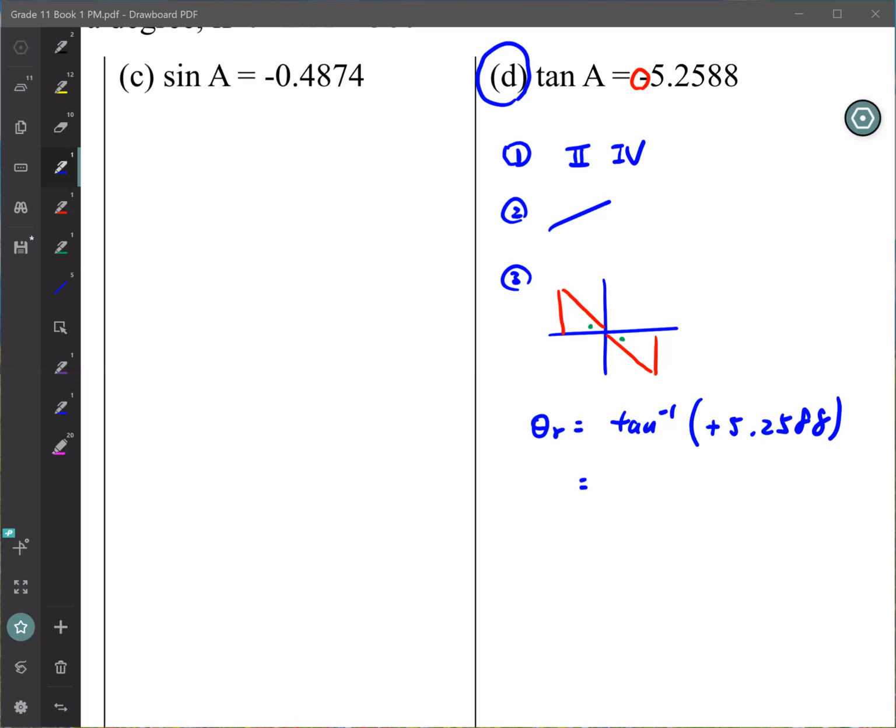Just type it into the calculator. Annie, Harry, Jenny, have you all got the answer yet? Marcus, what do you have?